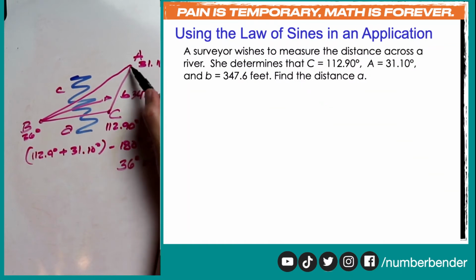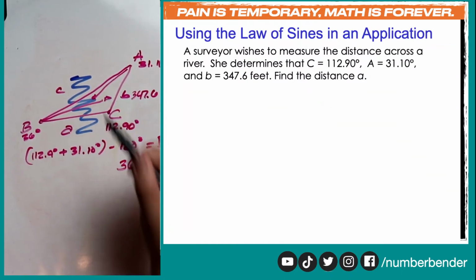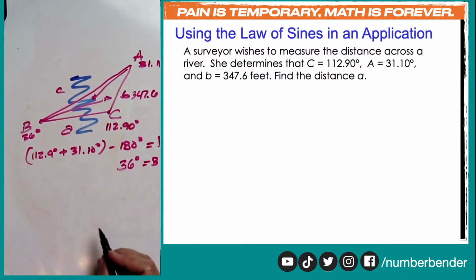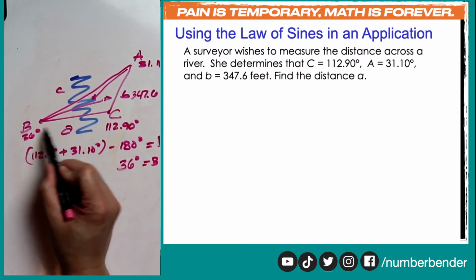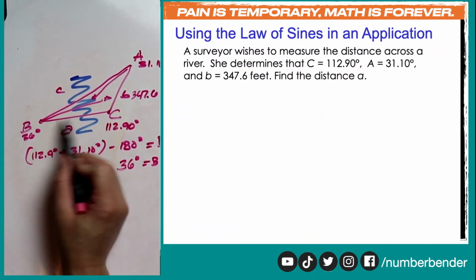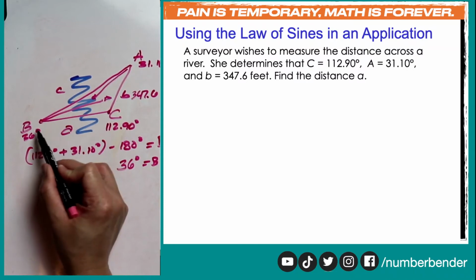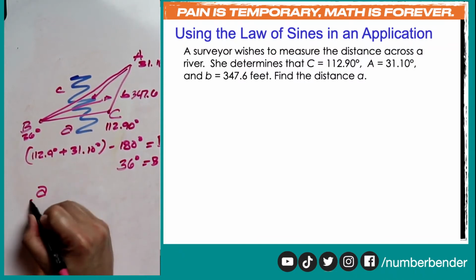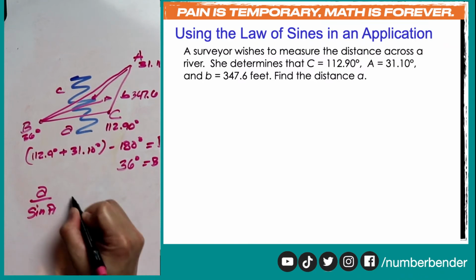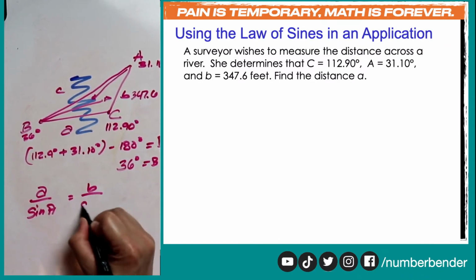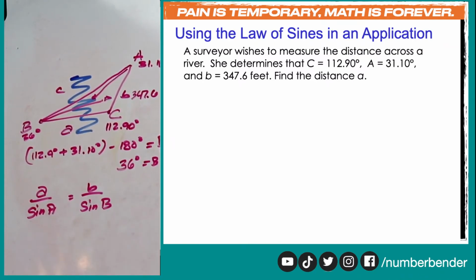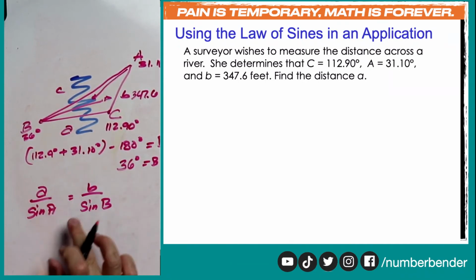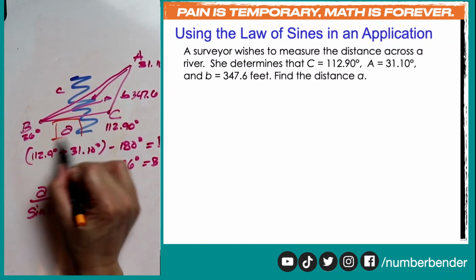And we have A and its opposite side A. So now we can use the law of sines to figure out how to find the distance between these two points right here, B and C. So we have a over sine A equal to b over sine B. And by replacing the given values, a is missing, so we're not going to replace it.